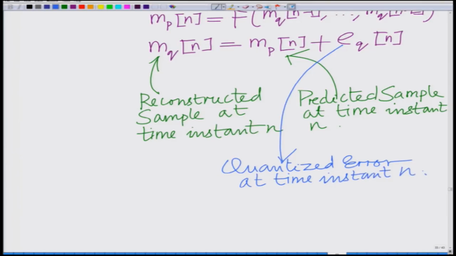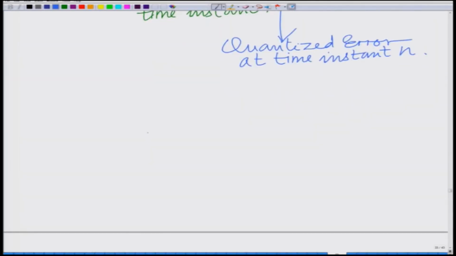So, that is a very simple reconstruction. We simply predict the sample MP of n at time instant n, and the predicted sample plus the quantized error EQ of n gives MQ of n, that is the quantized or reconstructed sample at time instant n.